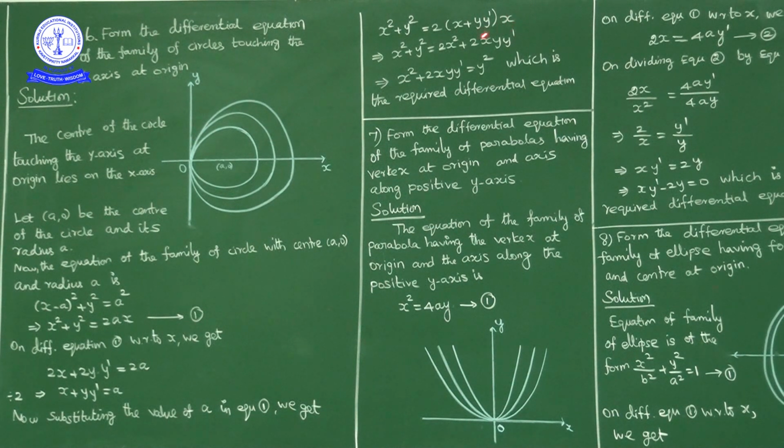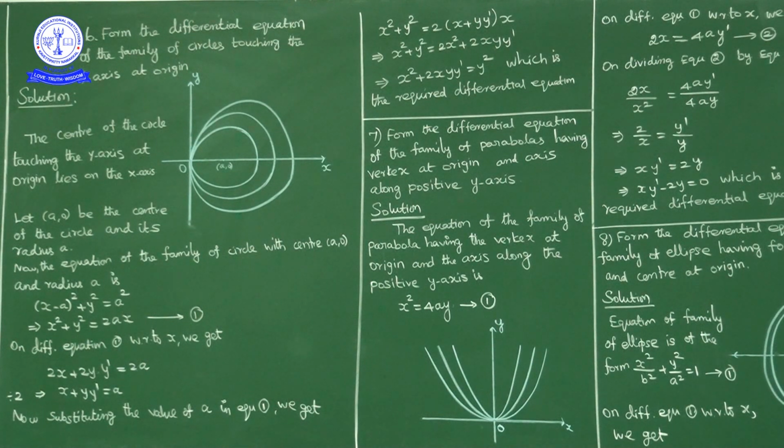So x square plus y square is equal to 2x square plus 2xy into y dash. Here x square cancels. So we have x square plus 2xy y dash is equal to y square. Here the arbitrary constant a is eliminated, so this is the required differential equation.